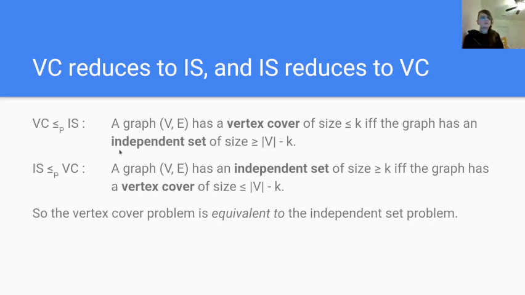And these are polynomial time reductions. That's what the P means. You just collect up the vertices. So we can say the vertex cover problem is equivalent to the independent set problem.